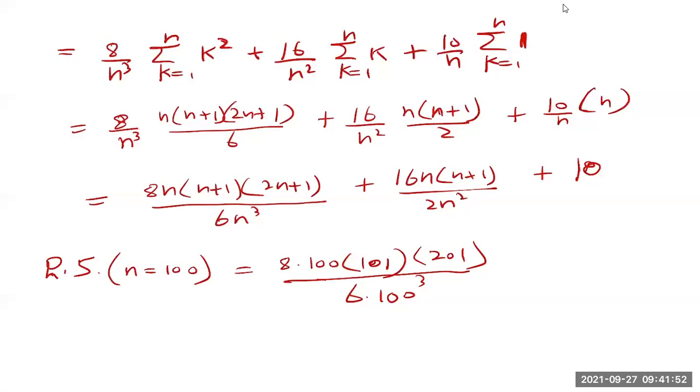It should be n cubed in the bottom. Plus 16 times 100 times 101 divided by 2 times 100 squared, plus 10. And if you compute this value using a calculator, you will get 20.7868.